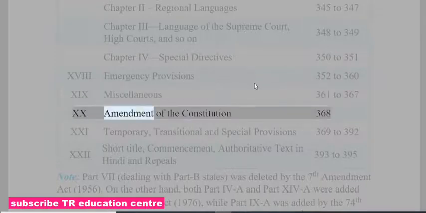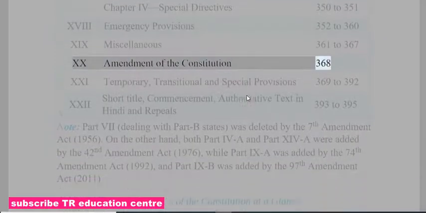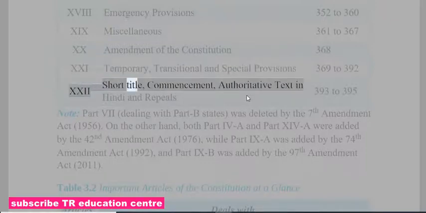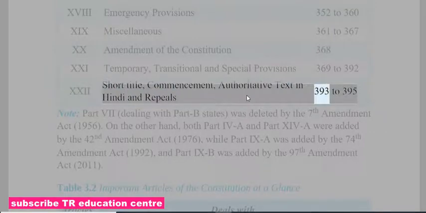20. Amendment of the Constitution, 368. 21. Temporary, Transitional and Special Provisions, 369 to 392. 22. Short Title, Commencement, Authoritative Text in Hindi and Repeals, 393 to 395.